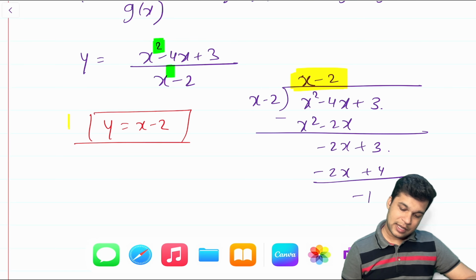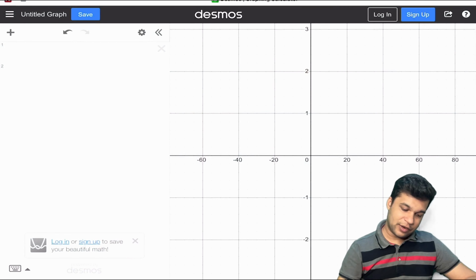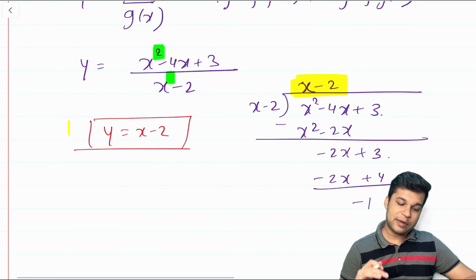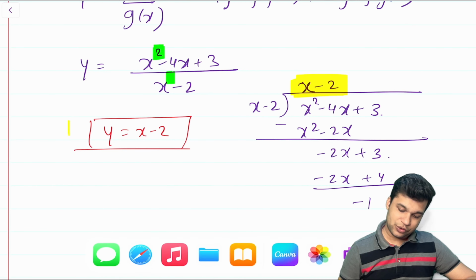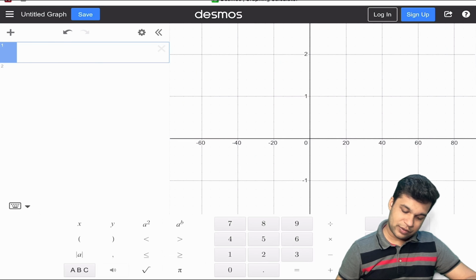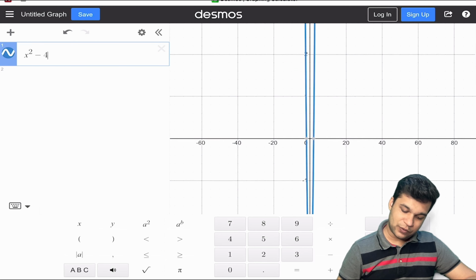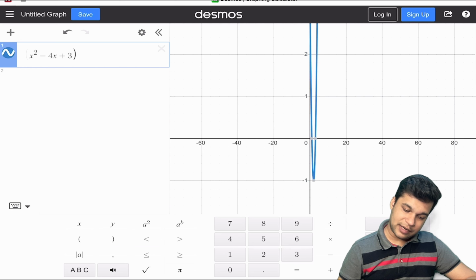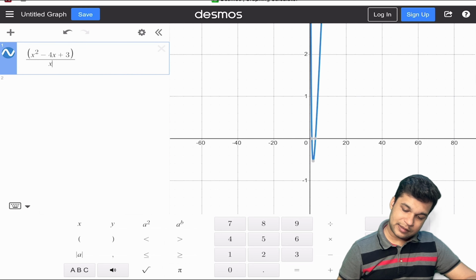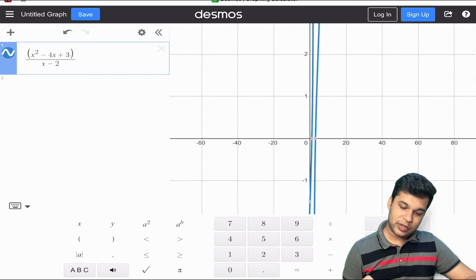What was the function? The function was x square minus 4x plus 3, and this whole thing is divided by x minus 2.